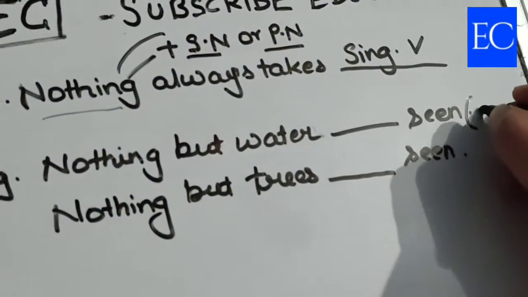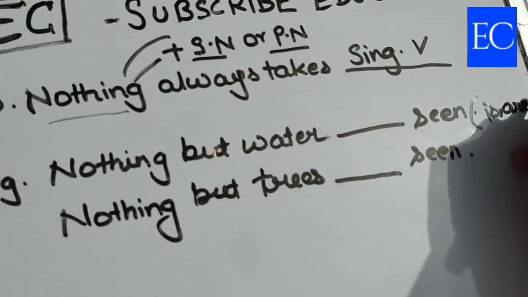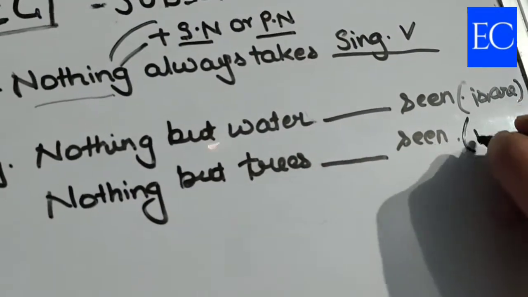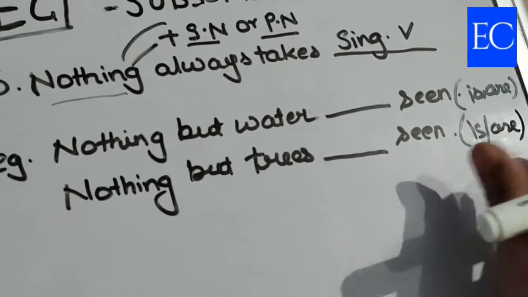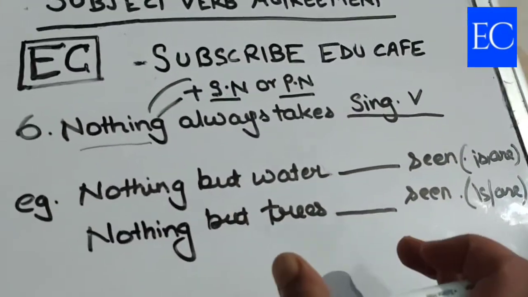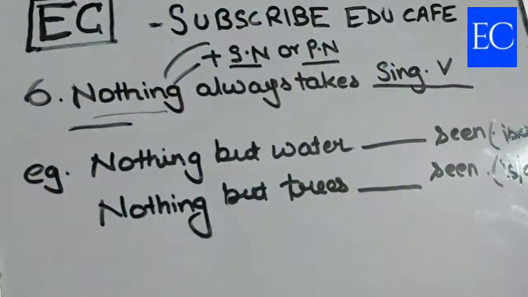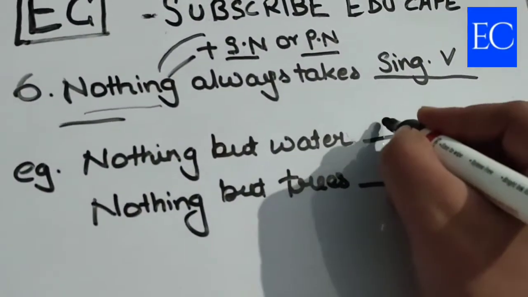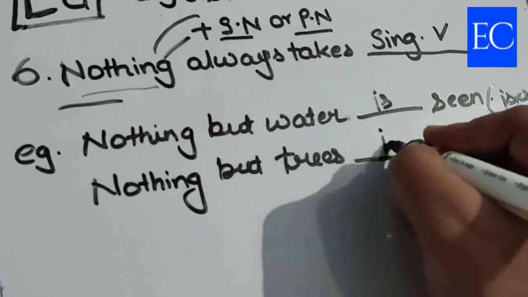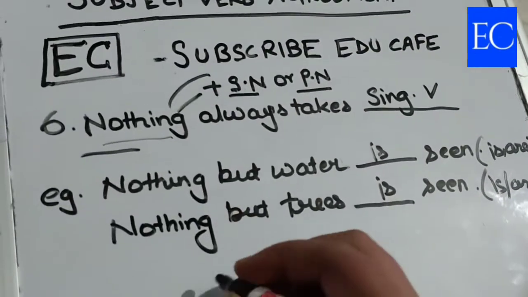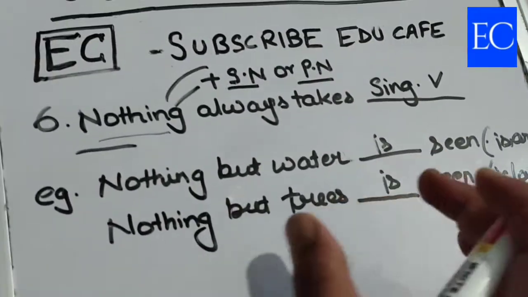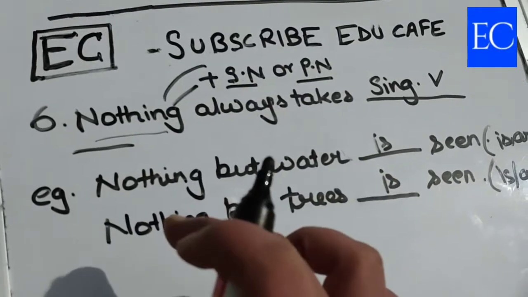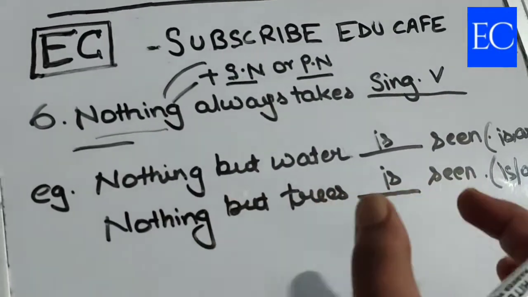The options are is, are. From the rule 6, we know that it will always take a singular verb, which is is. This was the simplest rule in subject-verb agreement. It is just simple. Nothing plus anything takes a singular verb.